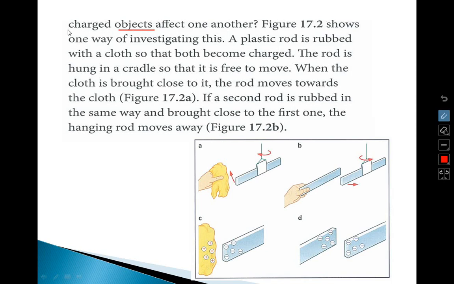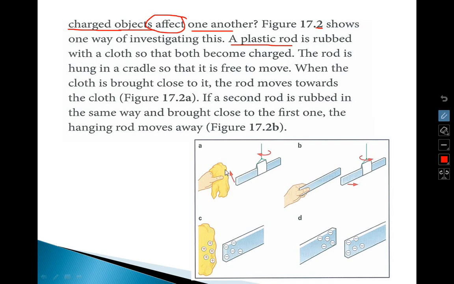All charged objects can affect each other. Figure 2 shows one way of investigating this. You put a plastic rod and rub it with a cloth, so that both of them become charged.